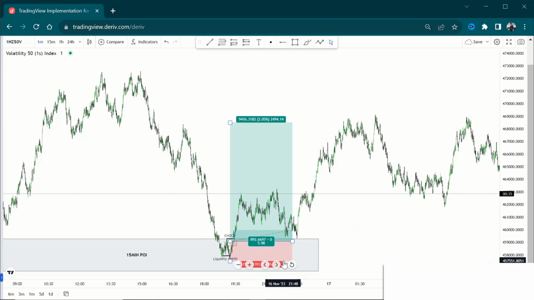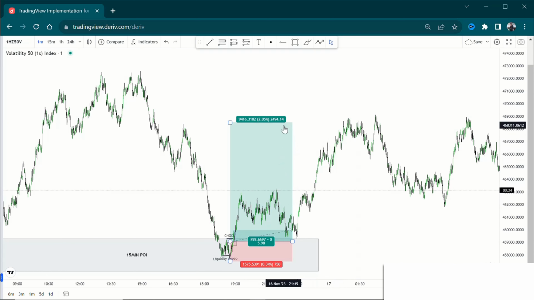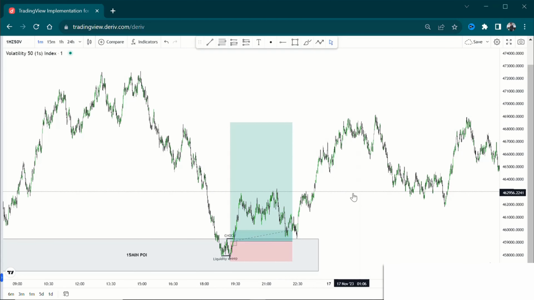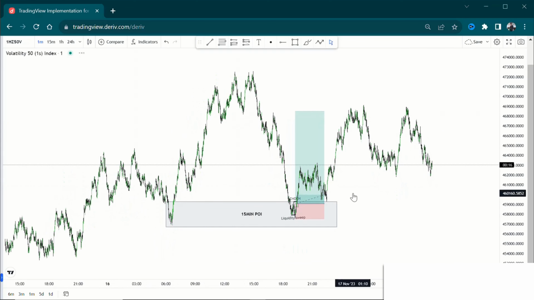No, that is very reckless. There's no way you can fail to secure these profits. This is a lot of profit for you to just let it go down the drain. So the market gives you what it gives you. You have to take what it gives you.